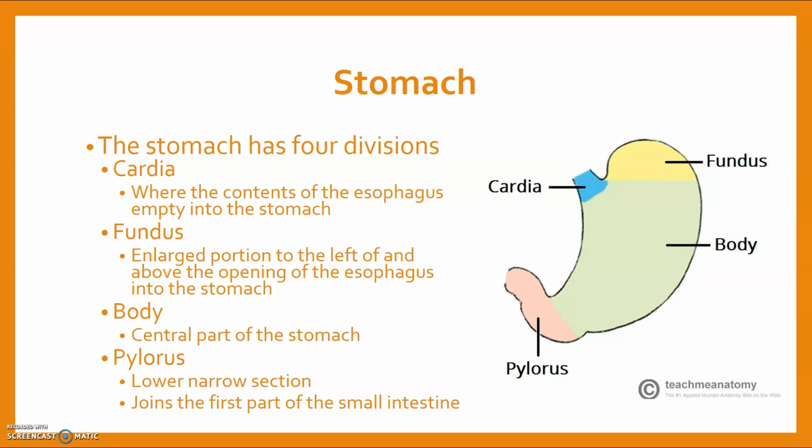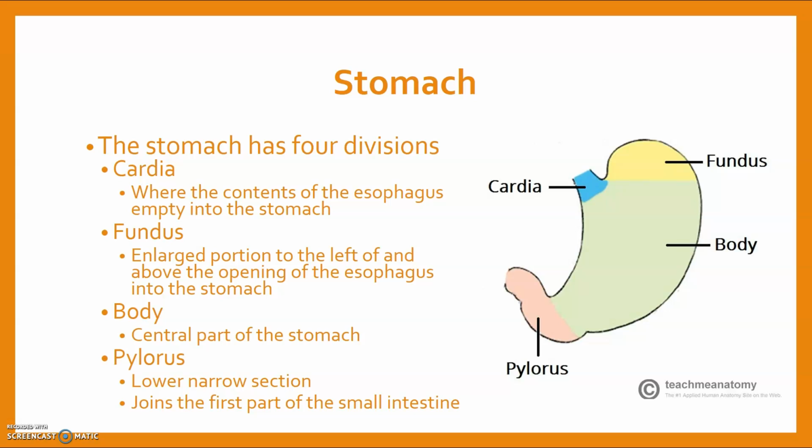There are 4 divisions in the stomach. You have the cardia, the fundus, the body, and the pylorus. The cardia is the part of the stomach where the contents of the esophagus empty into. You can see the cardia here in this illustration.